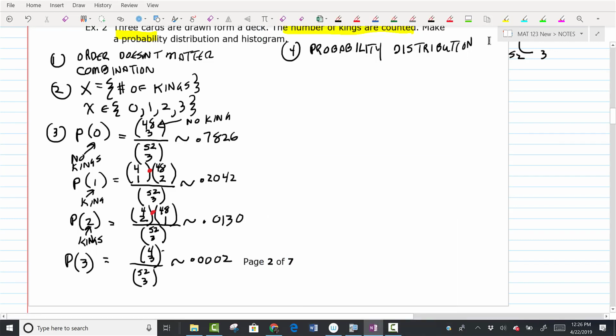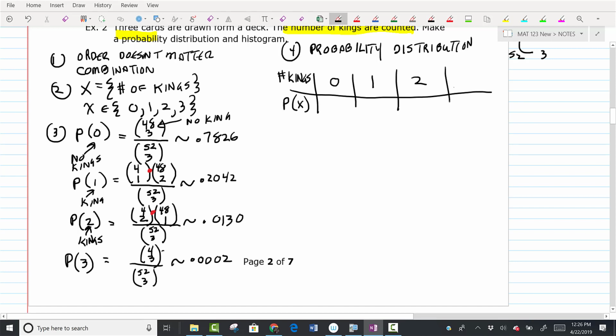Okay, so the probability distribution is going to go like this. We're going to make a chart, and we've already kind of figured this out. This is going to be the number of kings, and then this will be the probability. I'm going to call this P of X. That stands for the probability. The possibilities were no king, 1 king, 2, or 3.